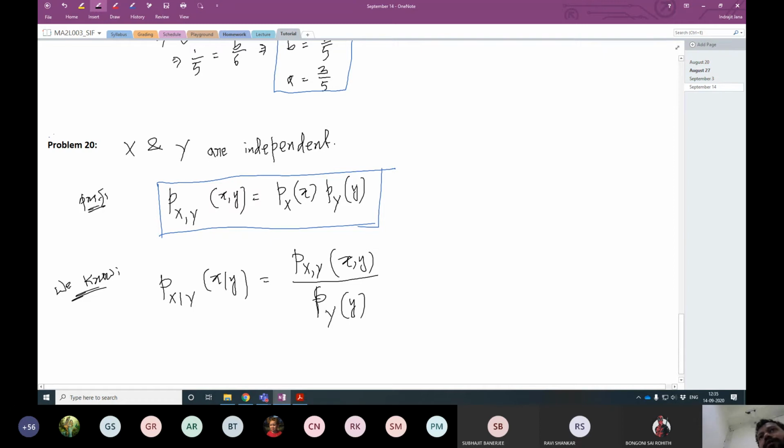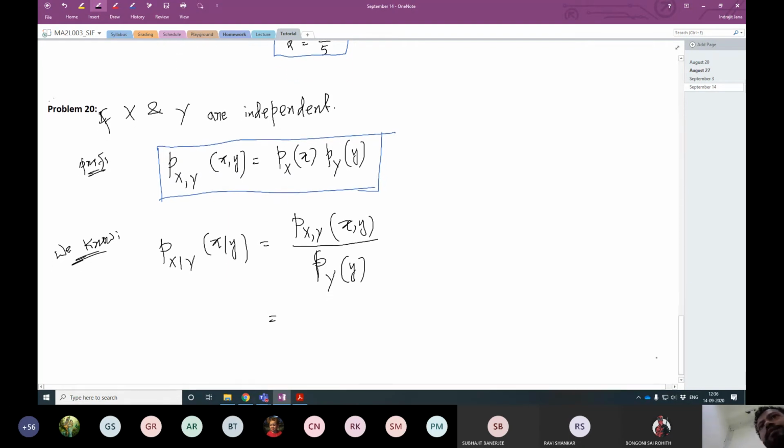Now, if x and y are independent, then this product is going to be p x times p y over p y.